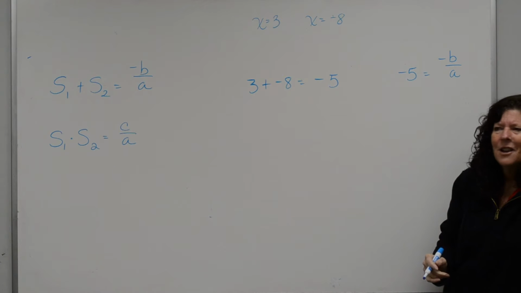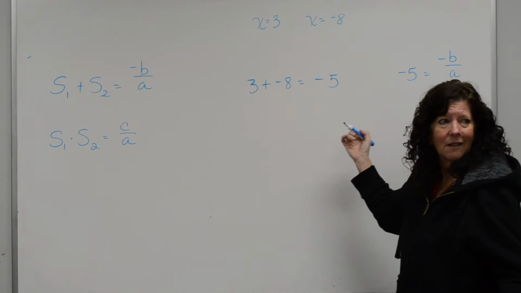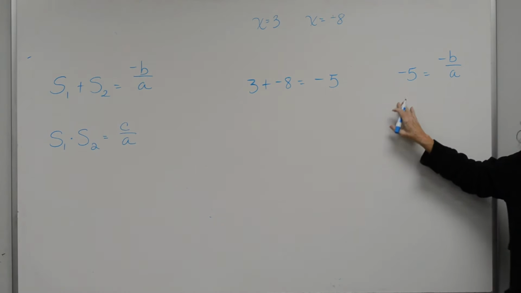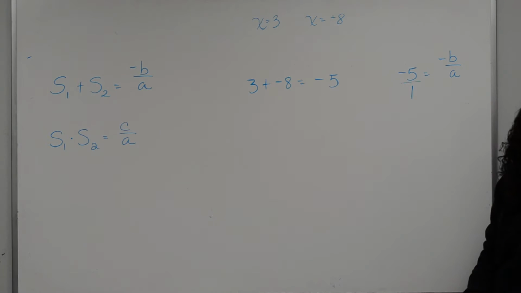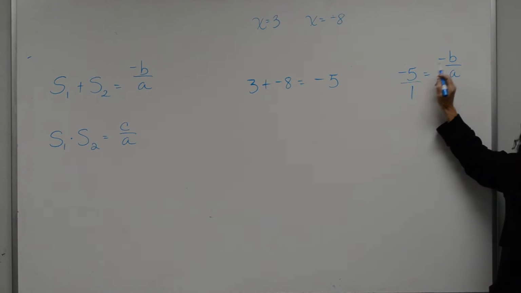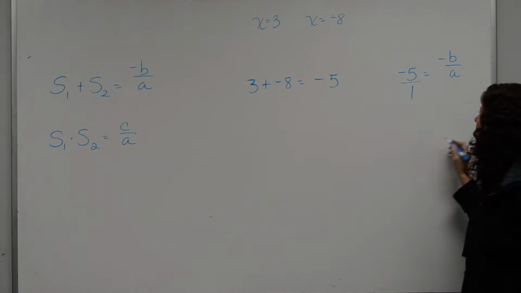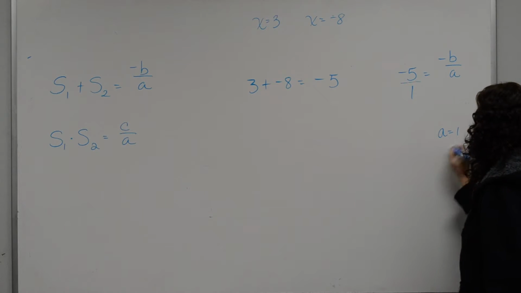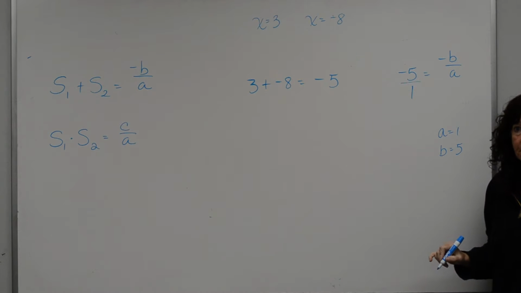What's my a? I only got one number here. My a is 1, because a whole number is placed over top of 1. But see how it's got a negative b? So I'm going to take the opposite of what I have here. So at this point, a is equal to 1, b is equal to 5. So far so good?